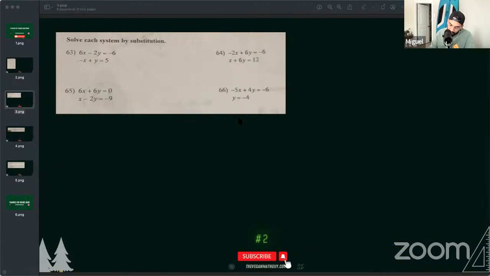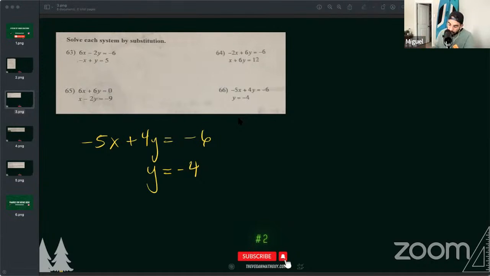All right, last problem on this slide: -5x plus 4y is equal to -6, and then I have y equals -4. This is actually one of the easier ones. We already have the value of y, which is really nice.